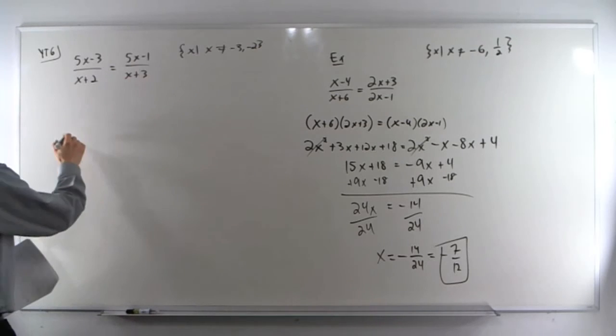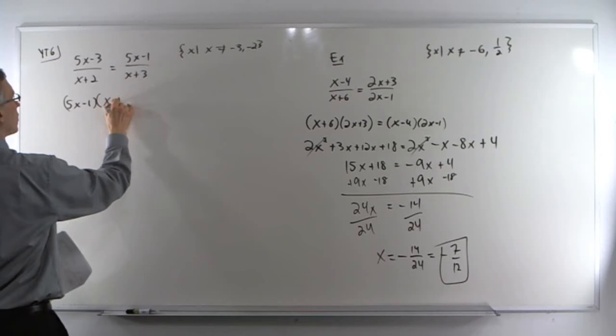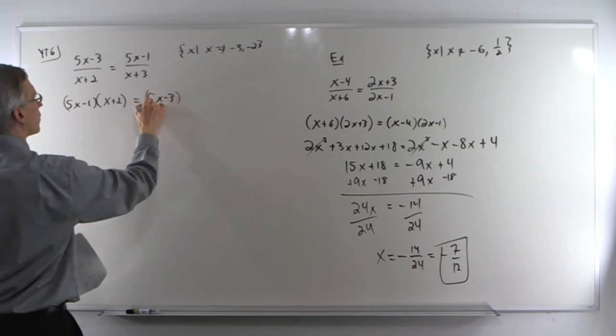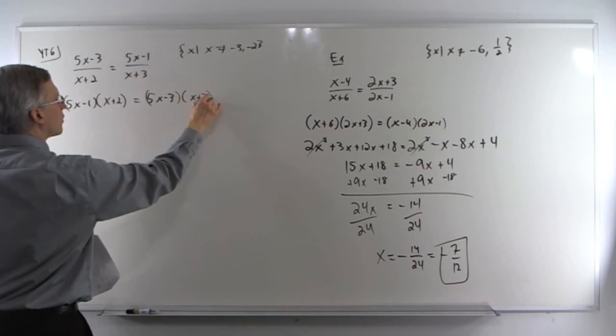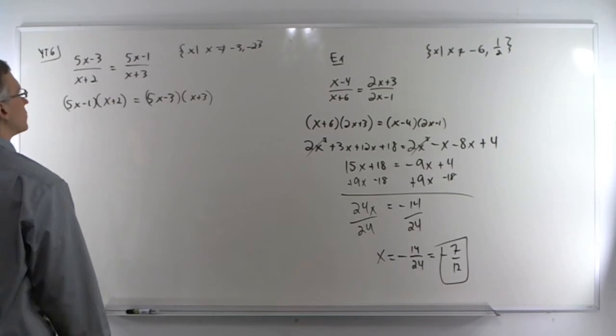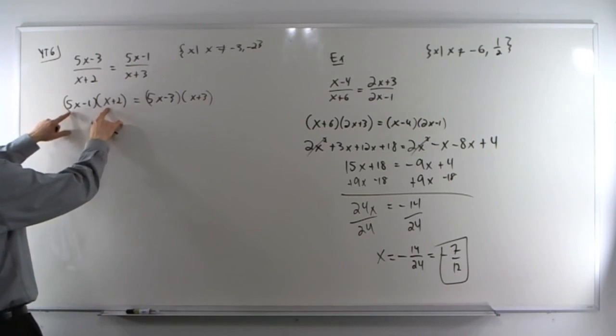Now we'll cross multiply. All right, now we can FOIL.